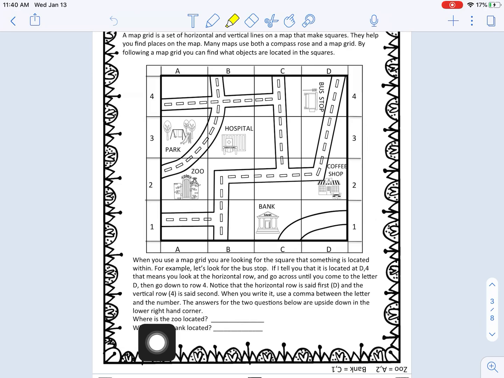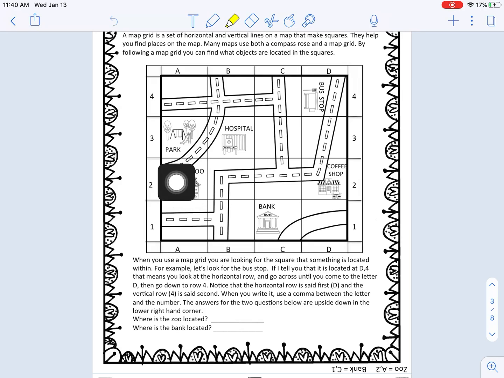Well, let's look at these questions here. Where is the zoo located? Take a look. Remember, we start with our letters first. Pause the video if you need more time. Our zoo is located at A2.